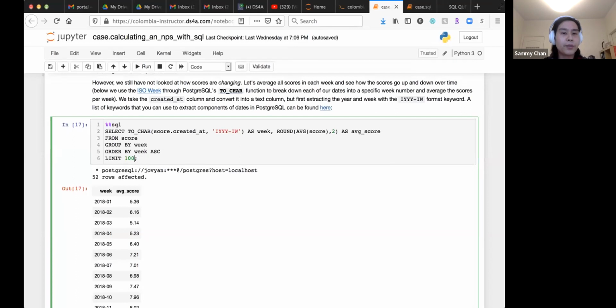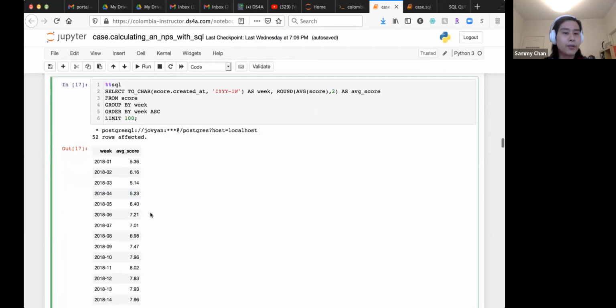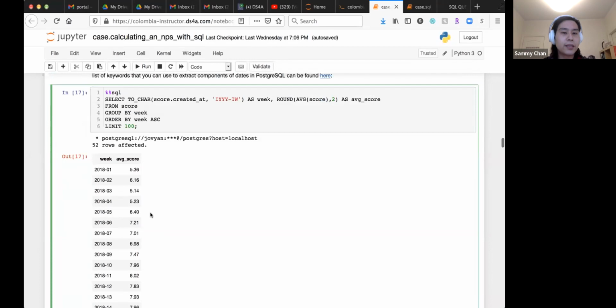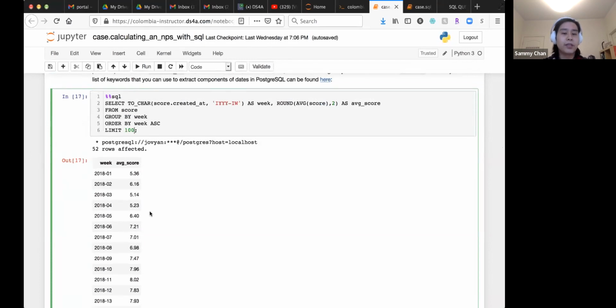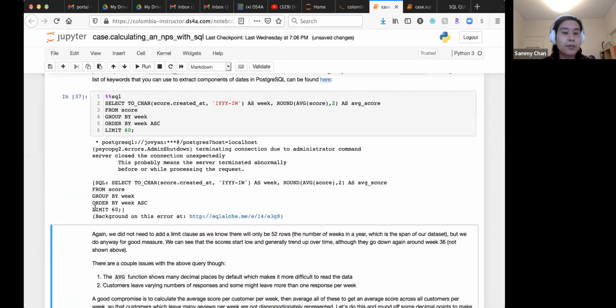We actually don't have to put limit 100, since we know a year only has 52 weeks. We can just do, say, 60, and then if you run it, it crashed again.